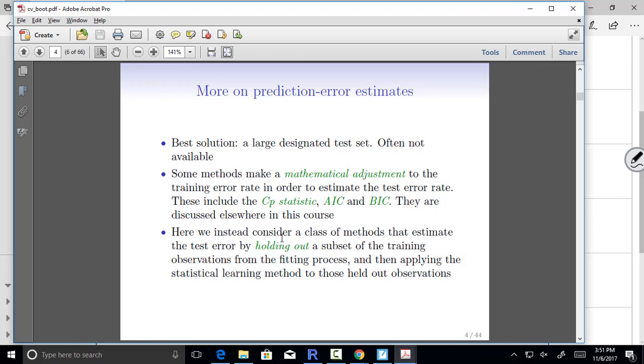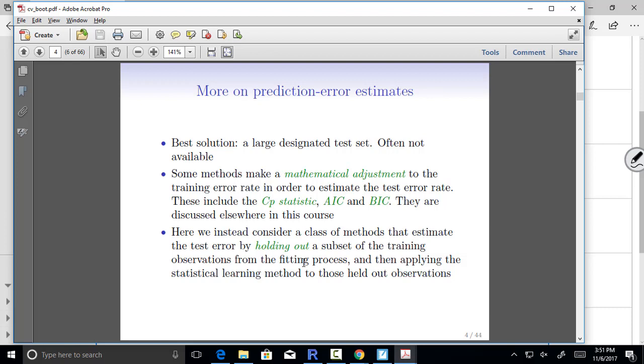So we're going to talk about cross-validation, which is a method of holding out a subset of the training observations. It's not a designated test set, but it's an iterative procedure where, for example, I'll leave it for next time, but we're going to hold out a subset of the data, fit the model with the remaining set, and then assess it with the held out set, just like a train test split.